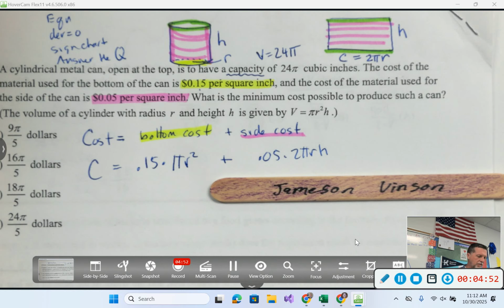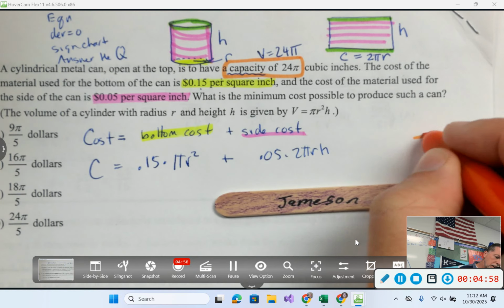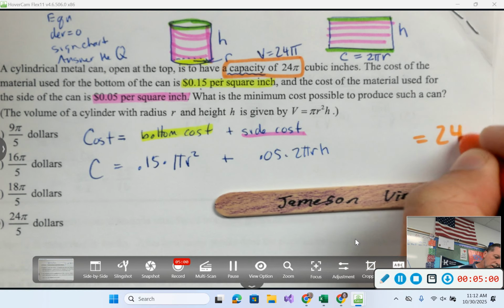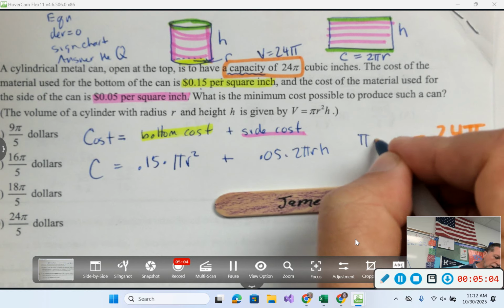It does give me the volume. So what can I do with the volume? Perfect. The volume of the can is pi r squared h.